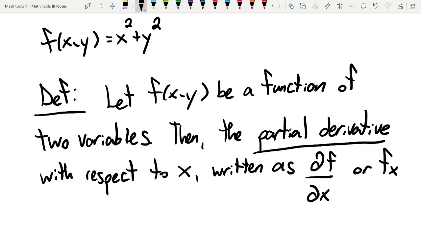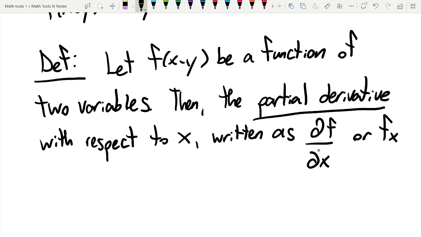This is obviously the easier way to write it, but I think this one's probably a little more common. This is the same as the Leibniz notation, just using a different symbol for the D. You'll see both of these often, but I think this one's a little more common in this context.